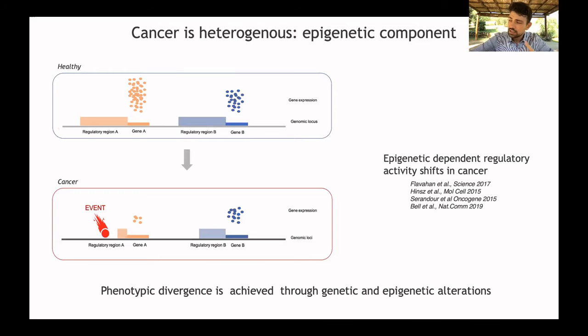Cancer is also heterogeneous because of an epigenetic component. It's clear that epigenetic regulatory shifts are common in cancer. So the phenotypic divergence is achieved through genetic and epigenetic alterations.